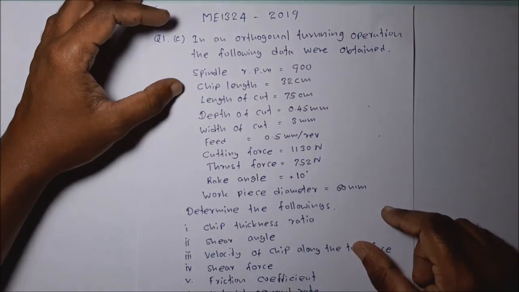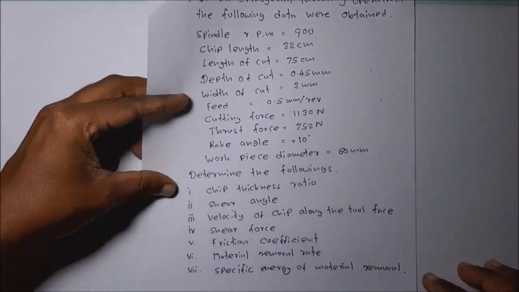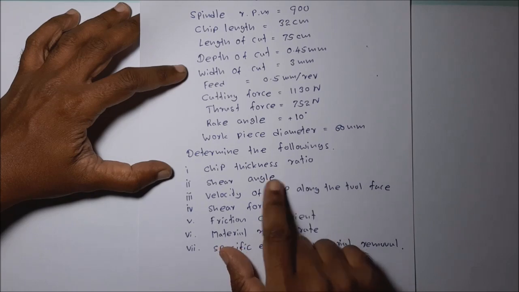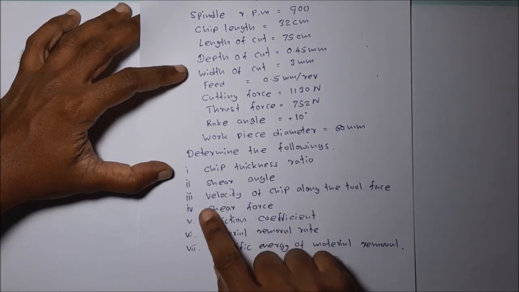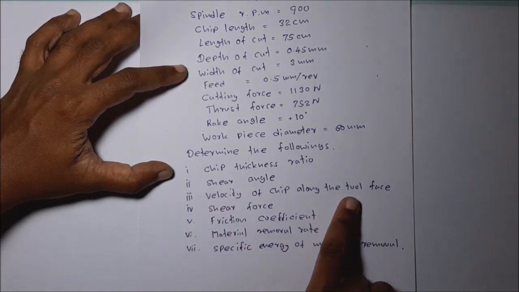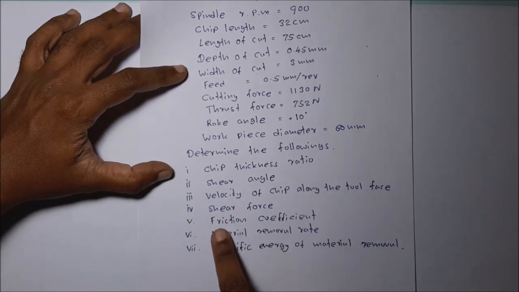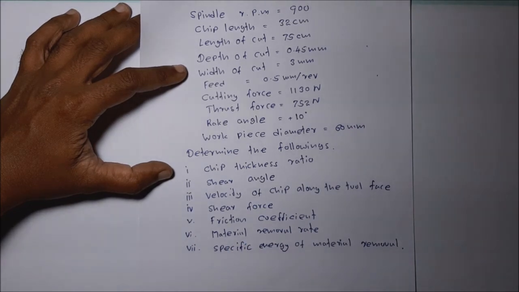They ask to determine the following: chip thickness ratio, shear angle, velocity of the chip along the tool face, shear force, friction coefficient, material removal rate, and specific energy of material removal.